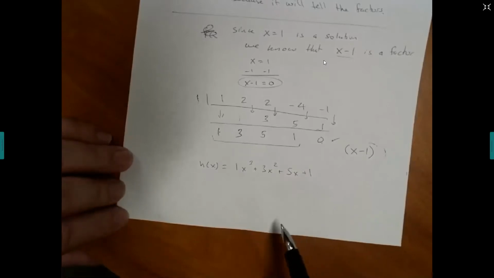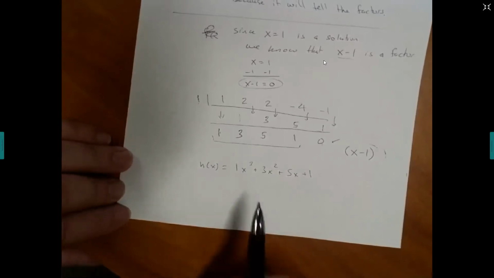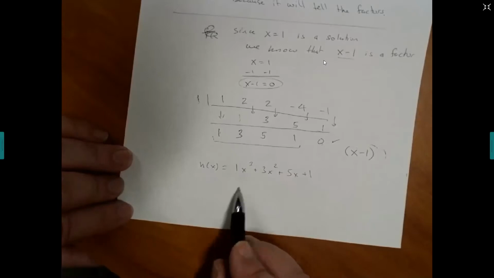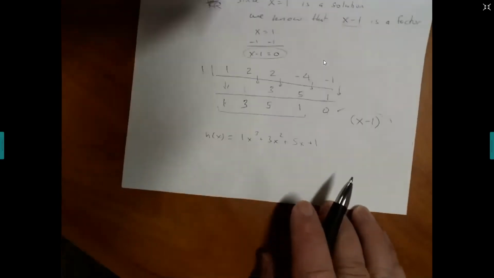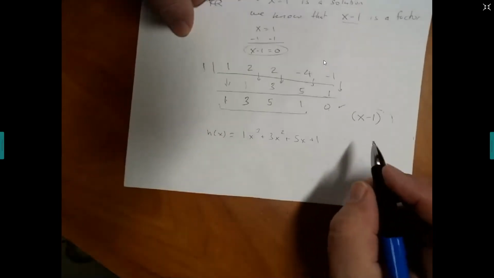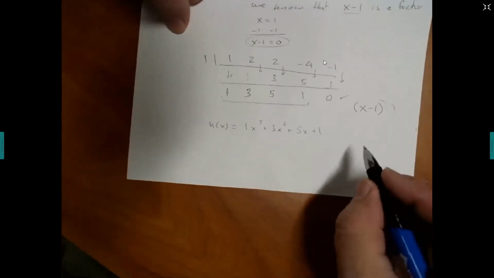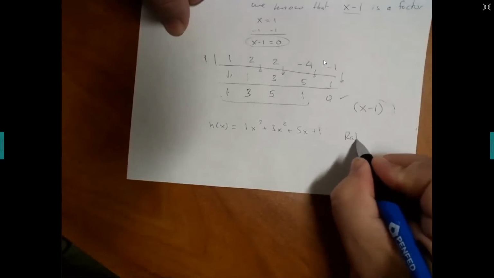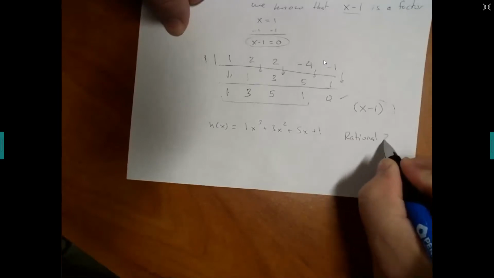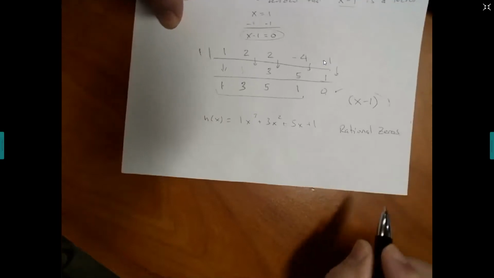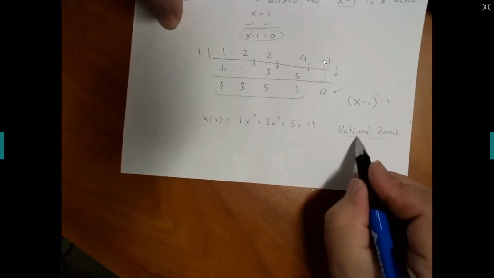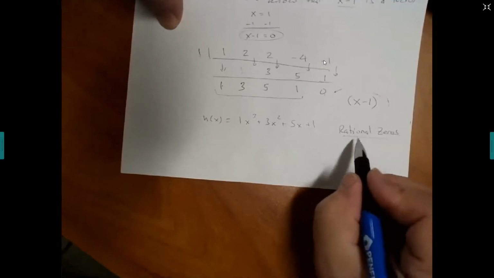What we're going to do next time is I'm going to show you how to find all the possible x's that can make this equal to 0. It's called the rational zeros. What's a rational zero? What's a rational number?